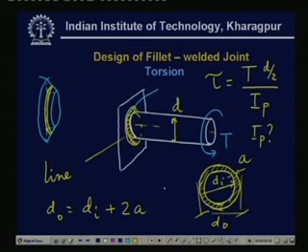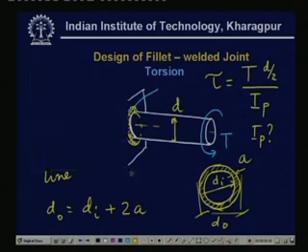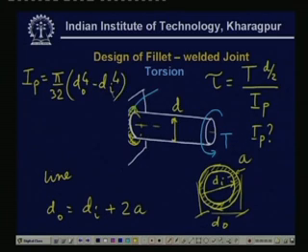Now, if you calculate the polar moment, then IP will be equal to pi by 32 times do to the fourth minus di to the fourth, and if you consider a to be very small, this is approximately equal to pi by 32 times 4 times d cubed times twice a.